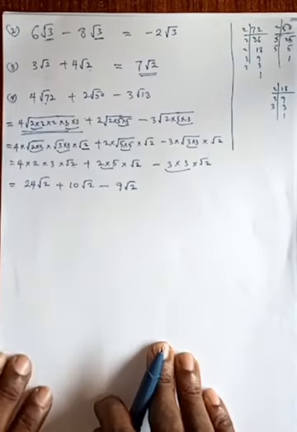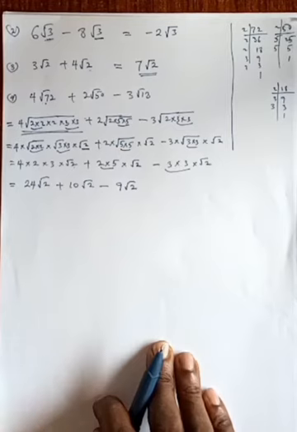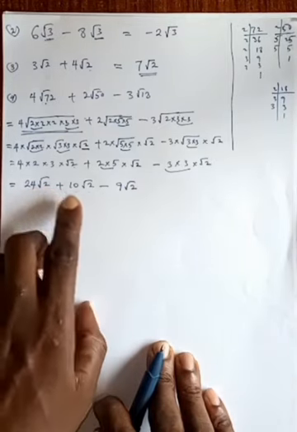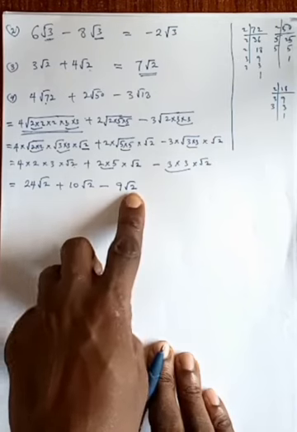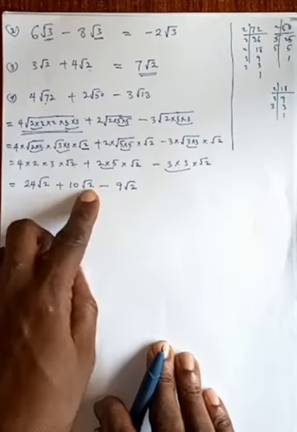So after it has been reduced to their basic form, we now consider whether addition and subtraction as given here is possible. And the only thing that will tell us whether addition and subtraction is possible here is the surd which we have now. Now the surd here and the surd here, are they the same thing? We can see that this is root 2, this is root 2, this is root 2.